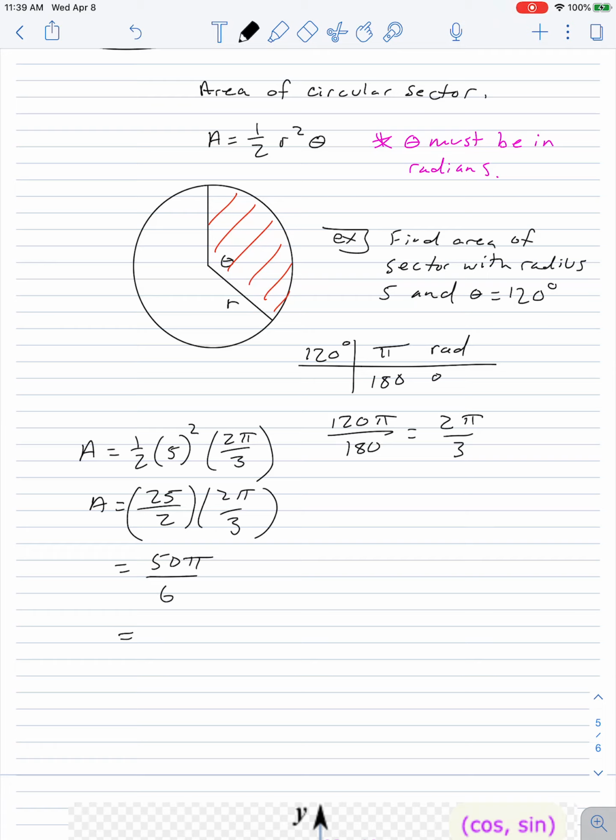And if you want to, you can reduce that, or you can go into decimals. If you go into decimals, that is going to be 26.18. I don't have any labels in here, but there will be labels, like if it's in centimeters, centimeters squared, or whatever. But that's the idea of the math.